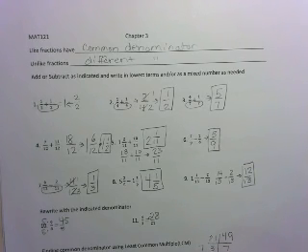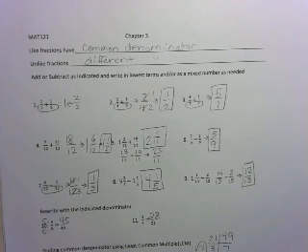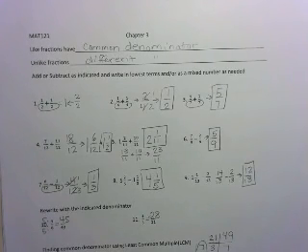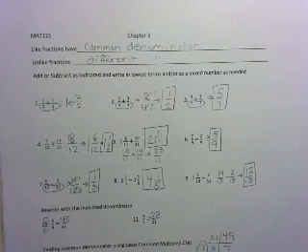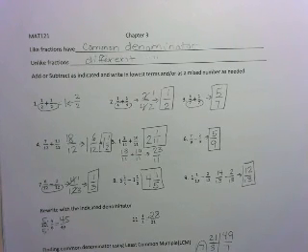So when I multiply these together, that's my common denominator, or my LCM. So 7 times 7 times 3, which is 147, is the LCM of 21 and 49.